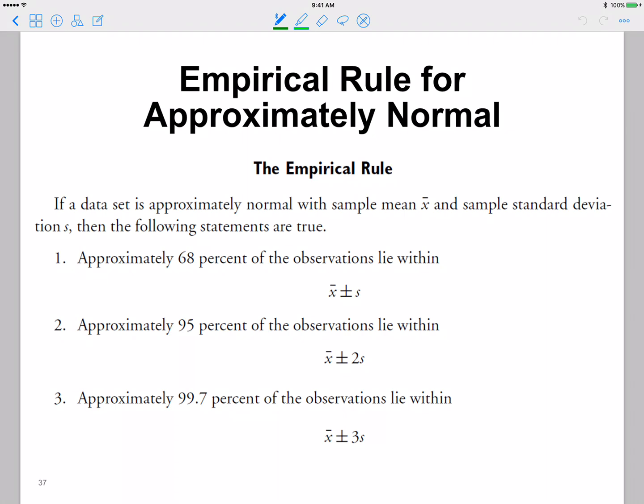If approximately 68% of them are contained in that range, and we extend the range to two standard deviations away from the mean, and that range contains 95%, then approximately those rules are satisfied, and we call our distribution the normal distribution.